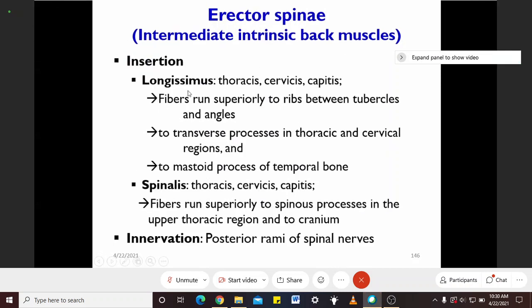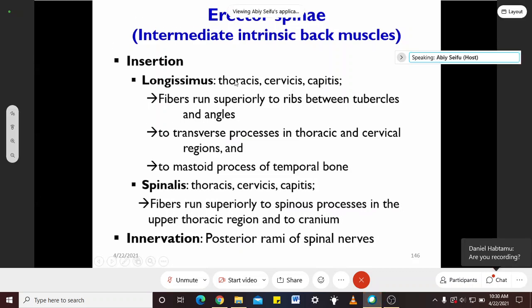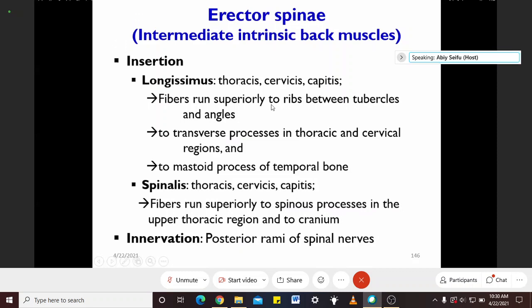And for longissimus as well, there are 3 groups of longissimus muscles, starting from the thoracis, cervicis, and capitis. Their fibers, in the case of thoracis, run superiorly to the ribs between the tubercles and angles of the ribs.